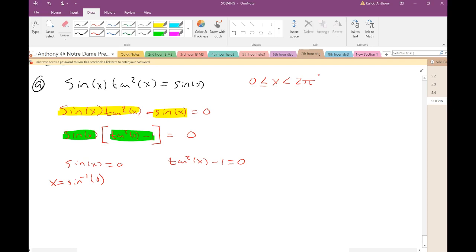Everybody agree with that? So if I go to the unit circle and I'm looking at, for sine, which coordinate am I looking for? The x or the y? The y coordinate. So I'm looking for the places where the y coordinate is 0. I see that happens when the angle measure is 0, and also when the angle measure is pi. Not pi over 2, I meant pi.